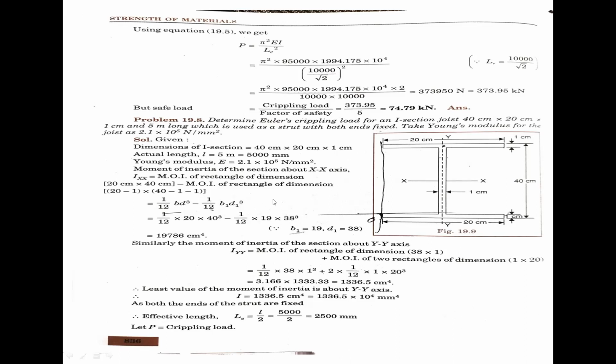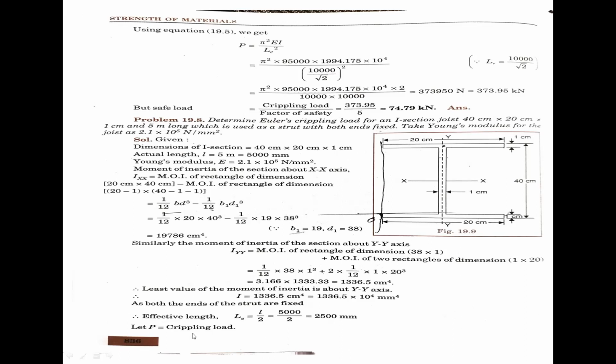This is the procedure for Euler's formula. Now I equals 1336.5 centimeter to the power 4, which converts to 1336.5 × 10^4 mm^4. Effective length Le equals L by 2, since both ends of the column are fixed, as per table 19.1. Finally 2500 mm.